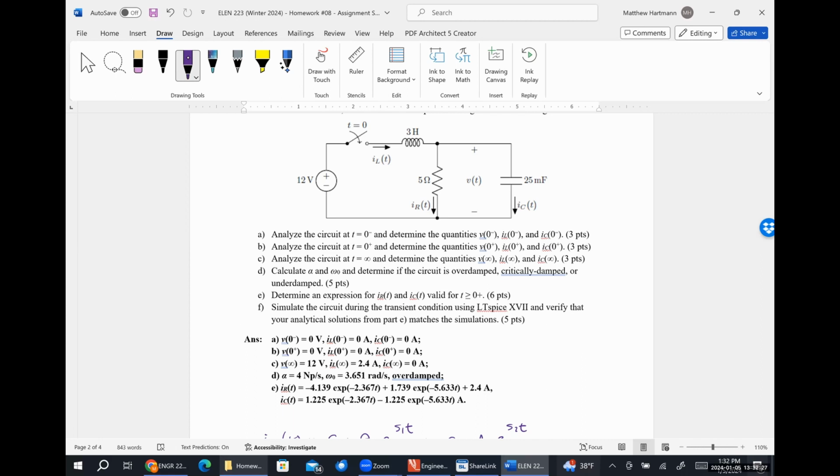Not trying to put words in your mouth, but if you found the inductor current and you knew the inductor voltage, then you could do Kirchhoff's voltage law around this loop to find the voltage drop across the resistor, divide that voltage by 5 ohms to get this, and then Kirchhoff's current law at this node.